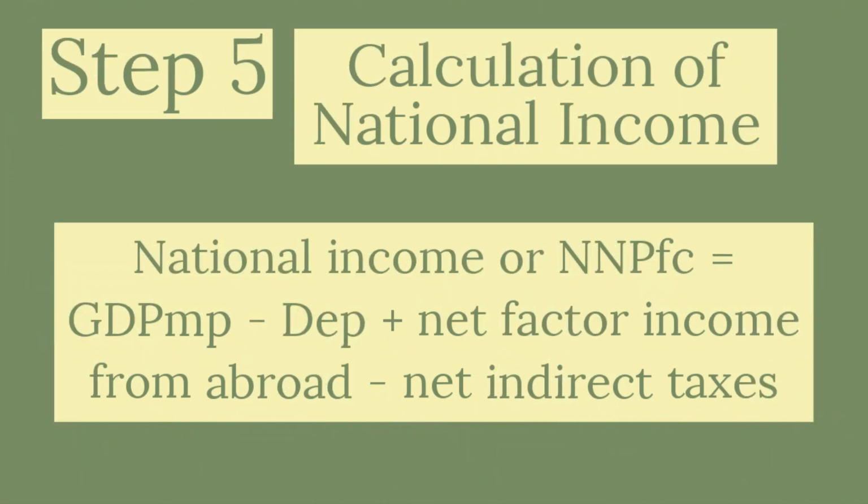Now step 5, how to calculate national income. Under value added method, by applying the formula, we have GDP-MP. So now to calculate the national income, that GDP-MP has to be converted to NNP-FC, because the formula of national income is NNP-FC, that is net national product at factor cost. In the earlier video I have told you what formula should be used if you want to convert gross to net or domestic to national or MP to FC.